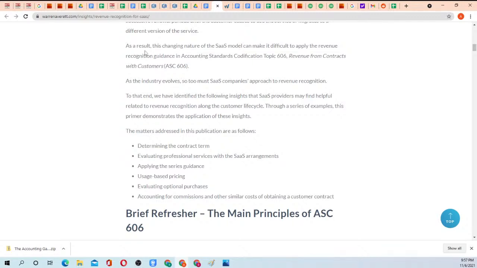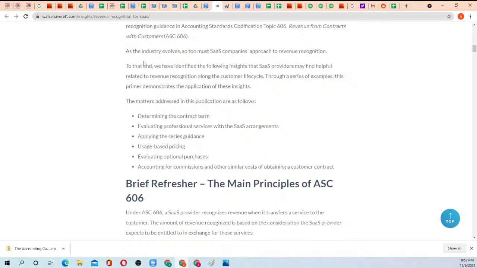They say here that SaaS services evolve with time, and what worked initially under 606, under revenue guidance, might not work anymore, and you will have to adapt based on the industry evolution, based on the change in the contracts. Let's see. So they mention here revenue recognition along the customer life cycle.